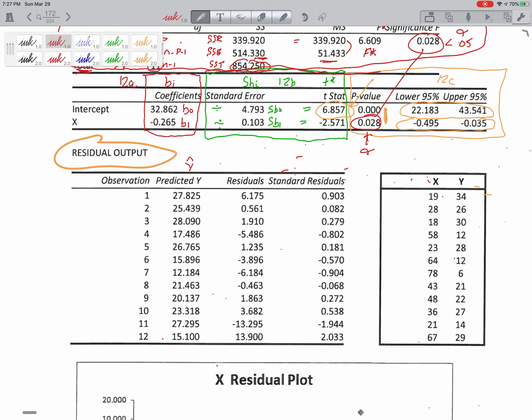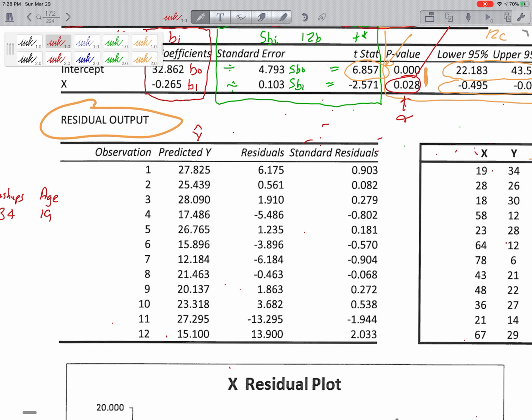If you go back to page S6 and take a look at the very first observation, you're going to have push-ups of 34 and an age of 19. So that's the first person in the list, and you can go back to that page and check that if you want.